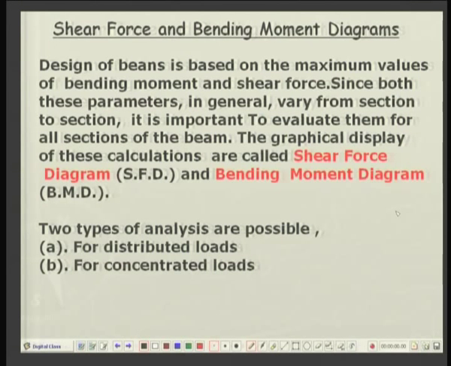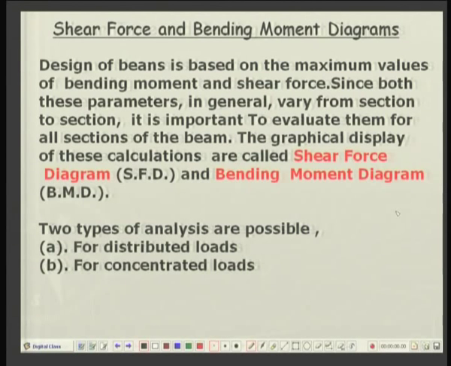So, it is very important for a designer to find out what is the magnitude of the maximum bending moment and where it occurs. Similarly, what is the magnitude of the maximum shear force and where does it occur.